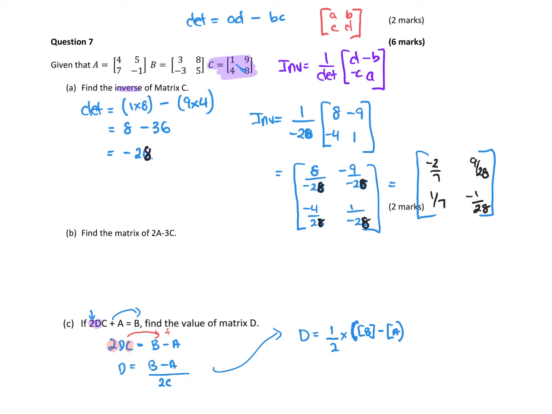And then you've also got to divide by C, which is like timesing by the inverse. So I'm going to times by the inverse matrix. But see, because C is after, I'm going to do it after. So all I do is pop that expression into the calculator. So I'll show you what I mean.